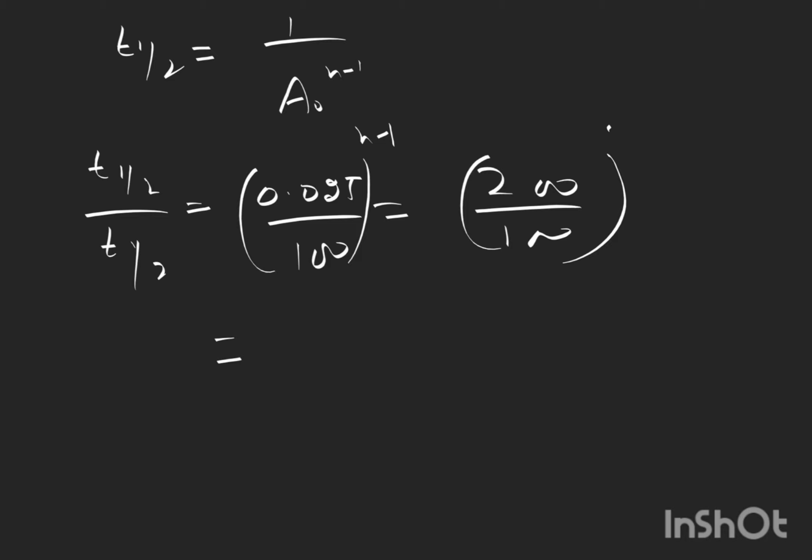So it will become 0.025 upon 0.100 is equal to 2 raised to power n minus 1.